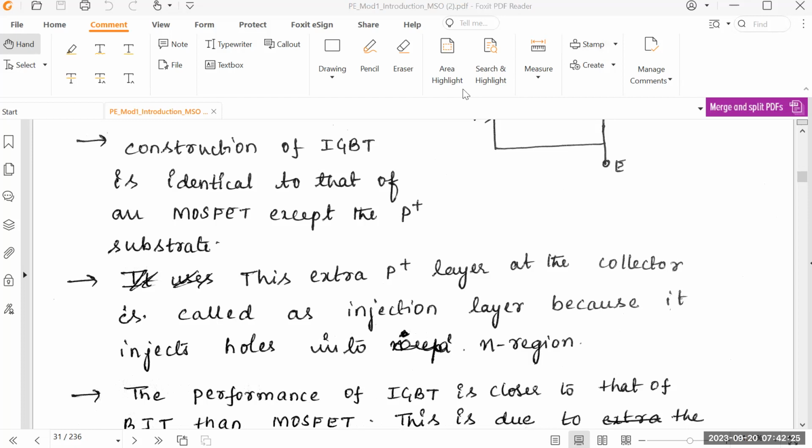That's why the extra P plus region at the collector terminal is called an injection layer.